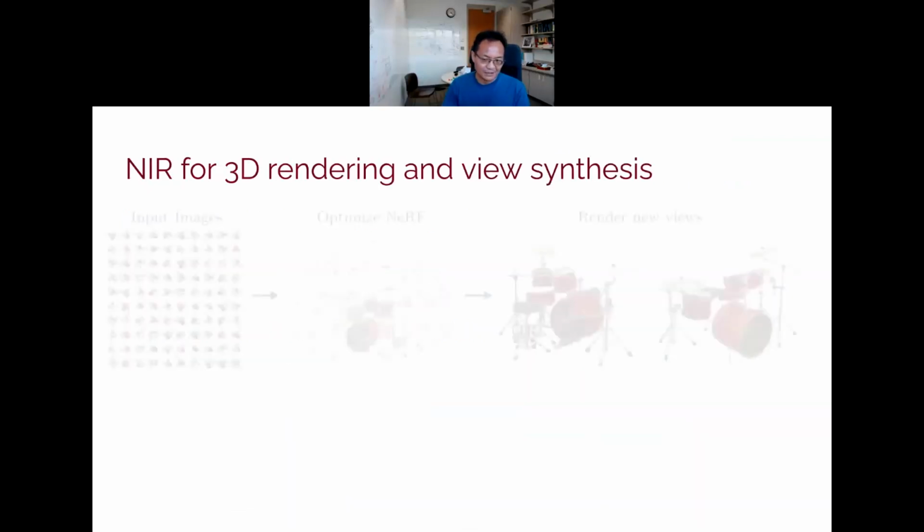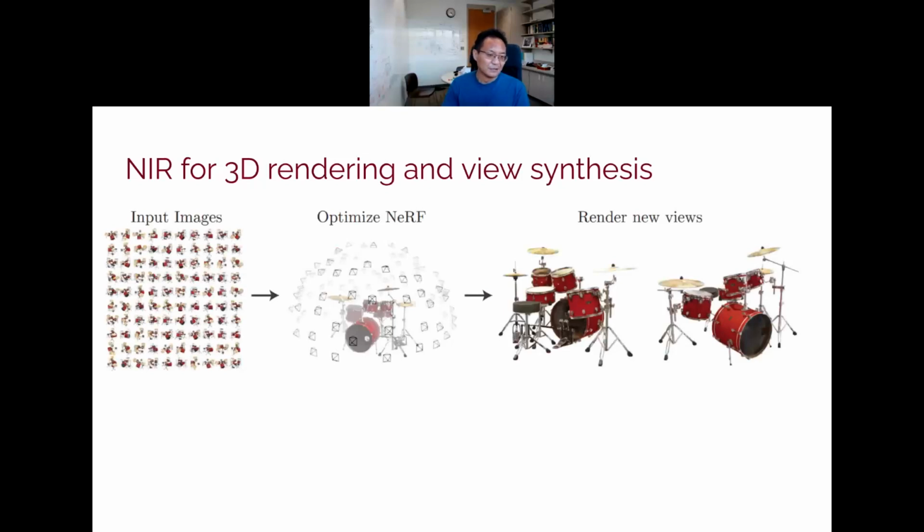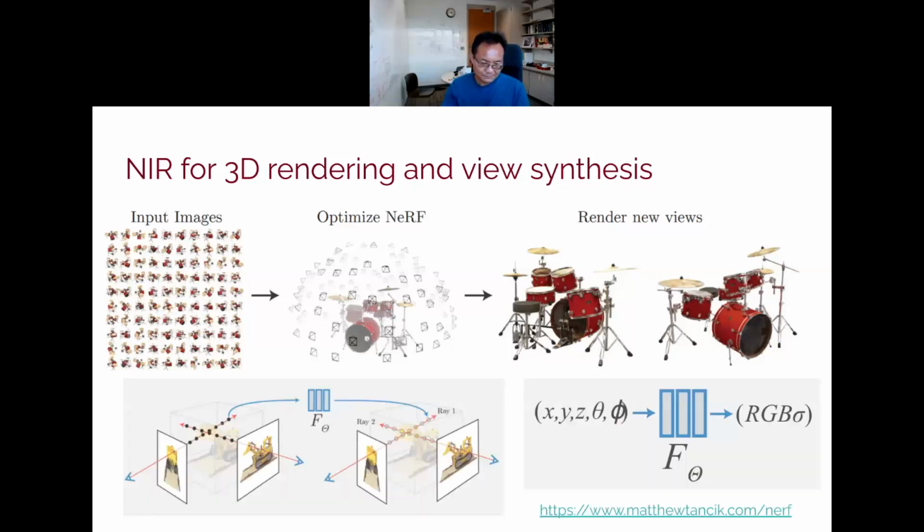This is super popular in computer vision right now. People have been using this kind of idea to do, for example, image-based rendering. Image-based rendering is where you take many images of the same 3D scene from different angles, and then you try to reconstruct the 3D scene in a very detailed way.